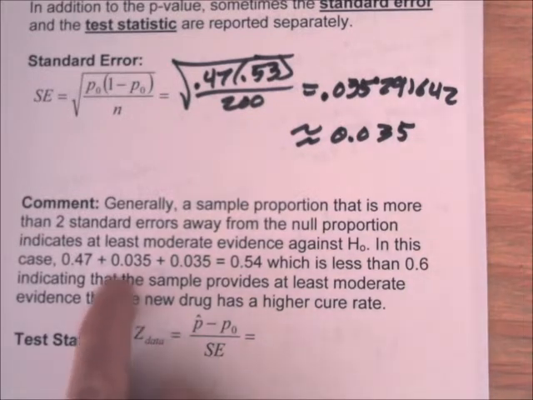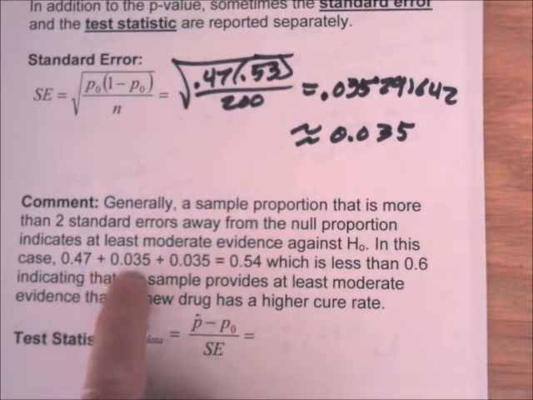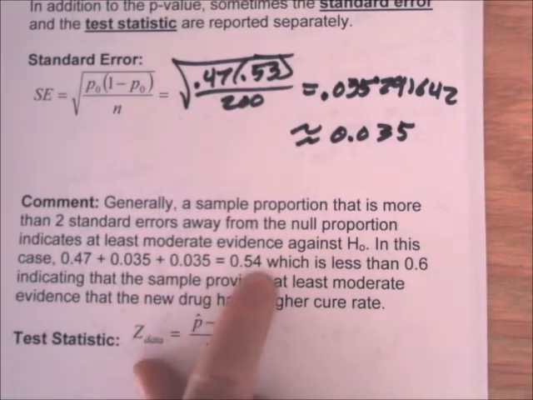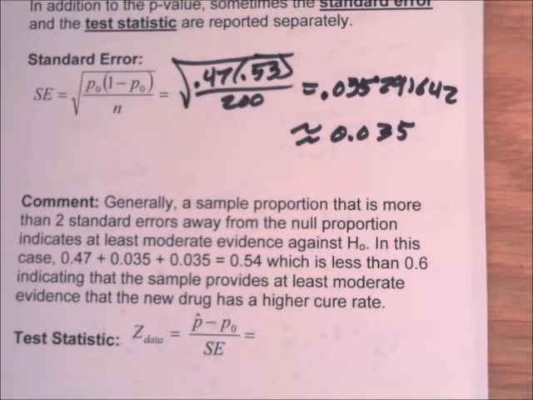So if we go 2 standard deviations above the null proportion, the value of p if H naught is true is 0.47. If we add 2 standard deviations to it, we get 0.54, which was less than p hat. So our p hat is more than 2 standard deviations above p0. So it's another indication that our sample provides at least moderate evidence.